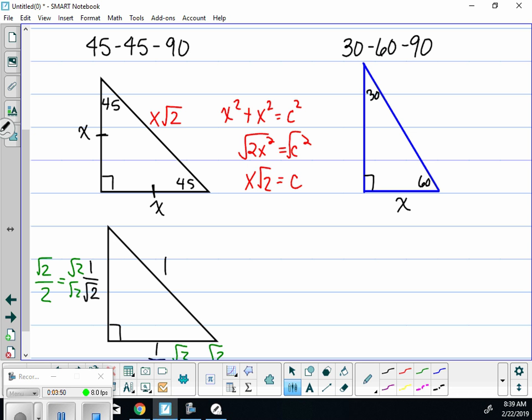Whatever this short leg is, the hypotenuse is always twice as much. So that part's not too hard. Those two are just either multiply or divide by 2, right? But the third side, again, if we did Pythagorean theorem on this, we could figure out that the longer leg is x times the square root of 3.